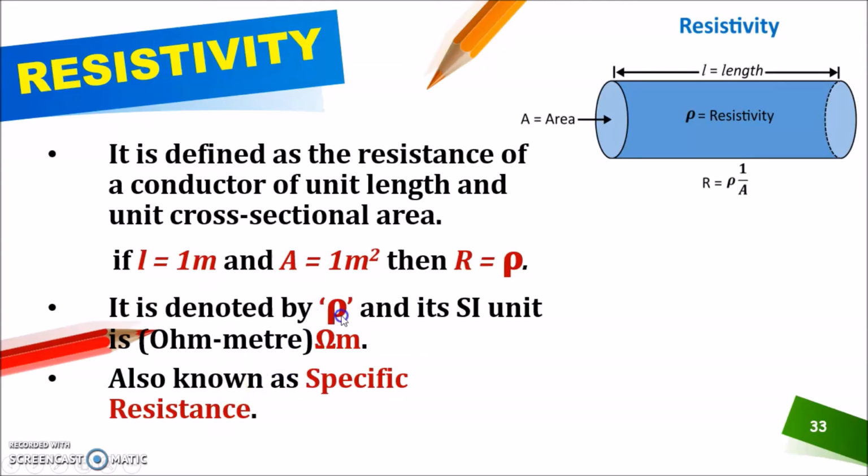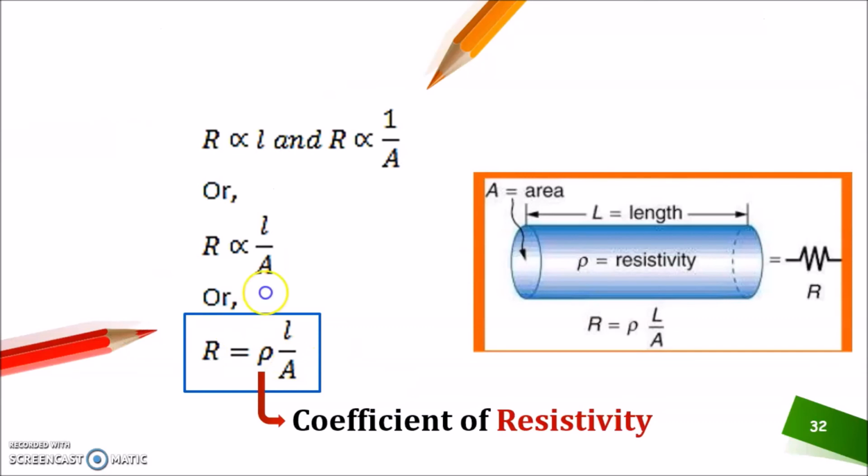Okay, so it is denoted by rho and the SI unit of resistivity is ohm meter. How? The SI unit of length is meter and the SI unit of area is meter square and the SI unit of resistance is ohm.